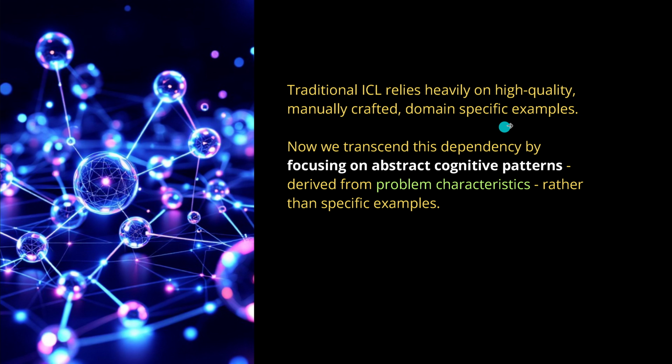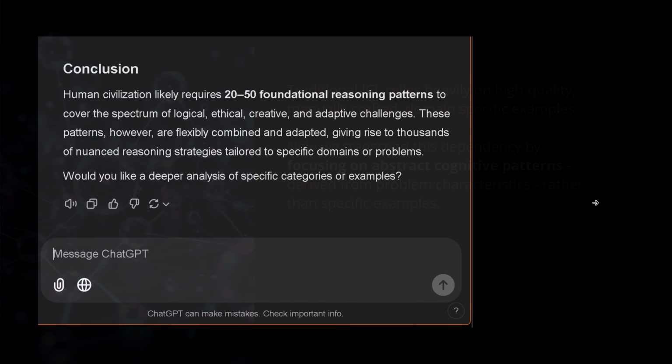And now we just transcend this dependency by focusing more on these abstract cognitive patterns that are now specific for each problem characteristic, rather than just providing specific examples that we can copy from the internet. So we are now faced with the problem: if we have specific characteristics that we have to solve, we have to have a seed set, and then we start to try to find the optimal configuration for an automatization of the best optimal path.